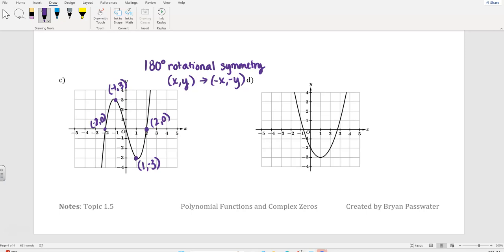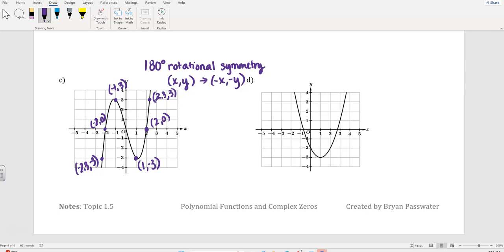I'm going to go with 2.3, 3 right there. Right? That means the point negative 2.3, negative 3 should also be on the graph. And that seems to be holding true for all of our points, right?